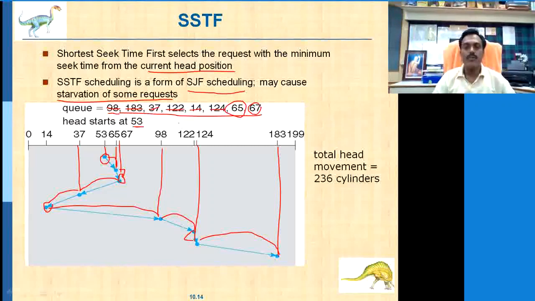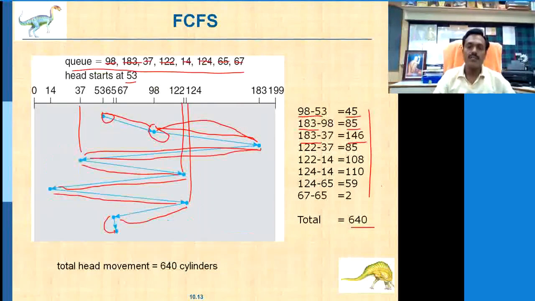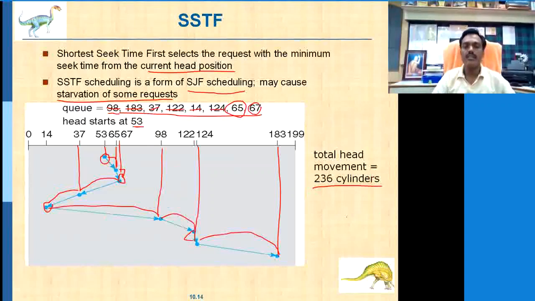Now if you compute the total head movement for the given problem, we can observe that only 236 cylinders of head movement is required. Compared to the earlier case, in this case it is 236 cylinders only.